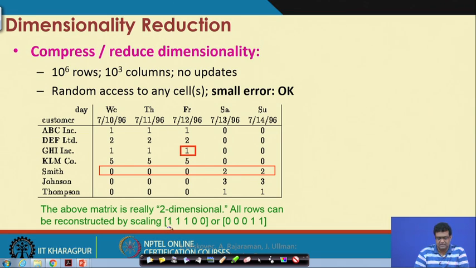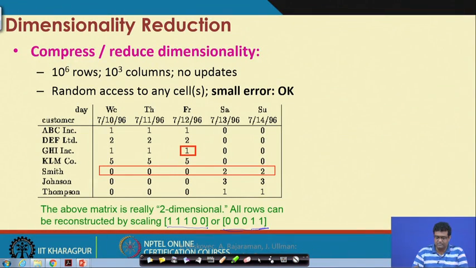One is the customer who accesses something on Wednesday, and also accesses on Thursday and Friday, but not on Saturday and Sunday. And the second is whoever does not access on Wednesday, Thursday, Friday, accesses it on Saturday and Sunday. So, even though this is 5-dimensional data, essentially it is 2-dimensional data, which is customers accessing it on weekdays and weekends, something like this.